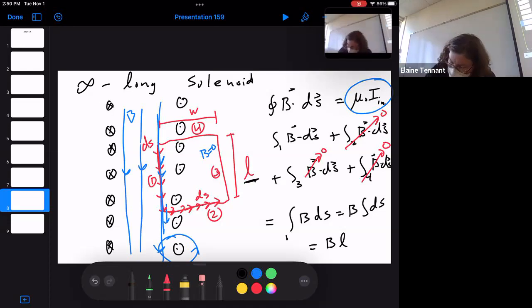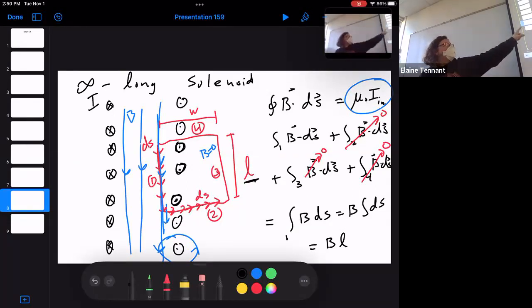And let me tell you, this is a wire, right? And it's got current I going in it. In my loop, those are how many wires go through it. So I have 1, 2, 3 I.